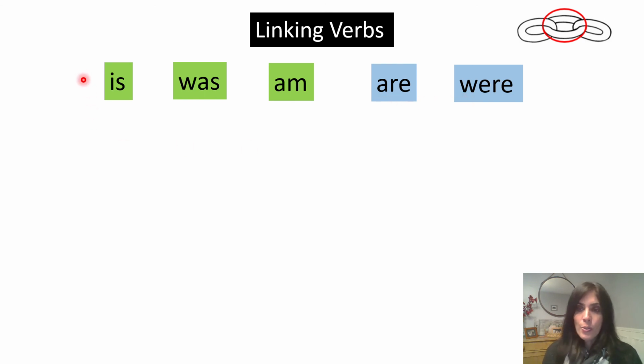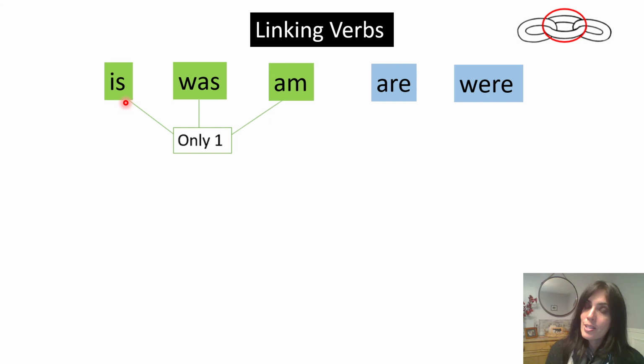Now, if you are writing a sentence and the subject of your sentence is singular, meaning there's only one person, only one place, only one thing, or only one animal, and you're using a linking verb, then these three linking verbs here, is, was, and am, those are going to be the linking verbs that you can choose from. Okay, so again, if your subject tells about only one, you're either going to use is, was, or am.